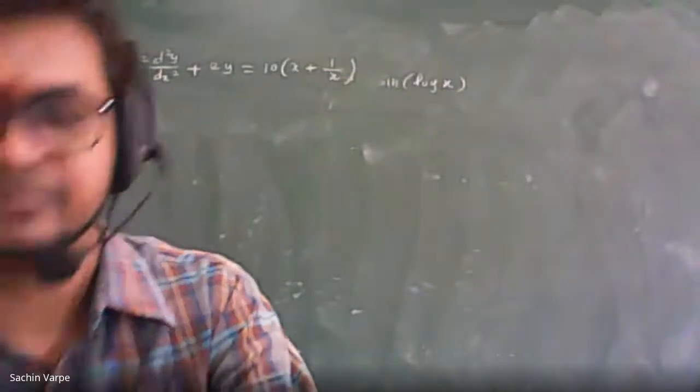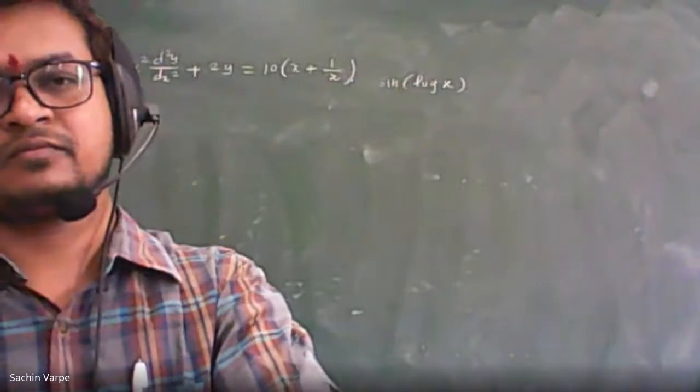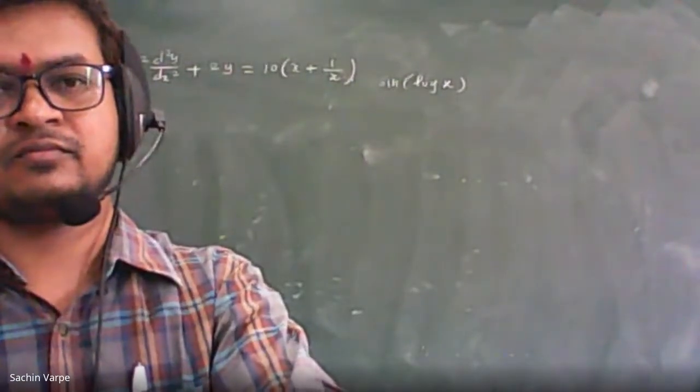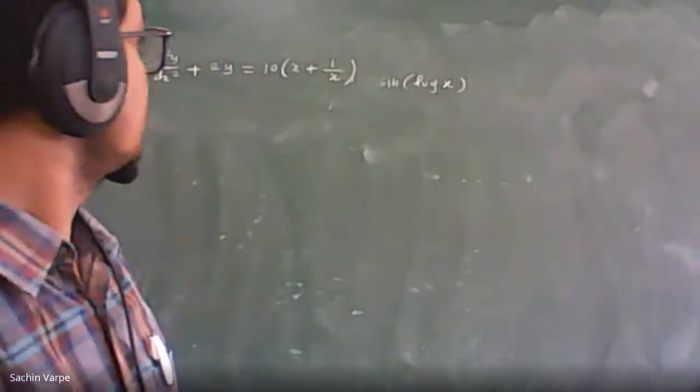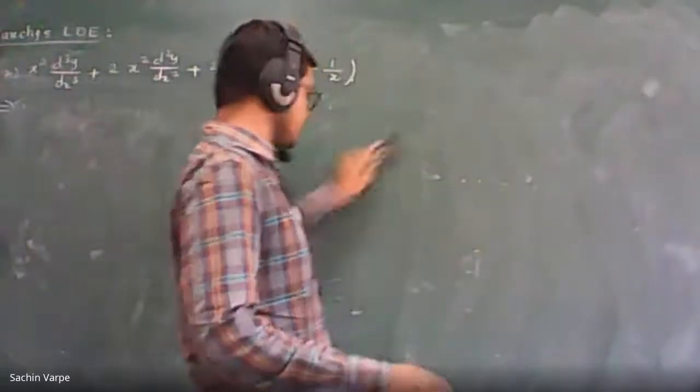Raj Girase. Raj, yes, sir. Am I audible? Yeah. Okay, so is there any doubt with Cauchy's linear differential equation and its solution? No doubt, sir. Okay. So can you tell me the standard substitution for Cauchy's?